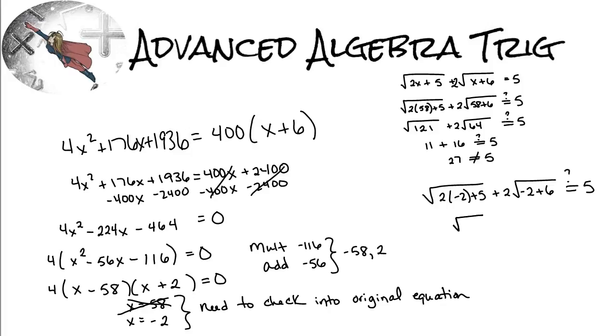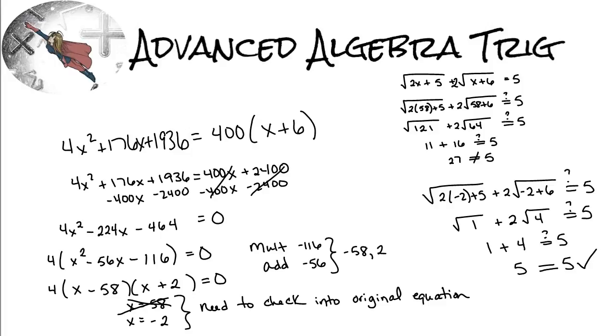So this ends up being square root of 1, 2 times the square root of 4. Does that equal 5? This is looking better. So this will be 1 plus 2 times 2. And it does. 5 does equal 5.